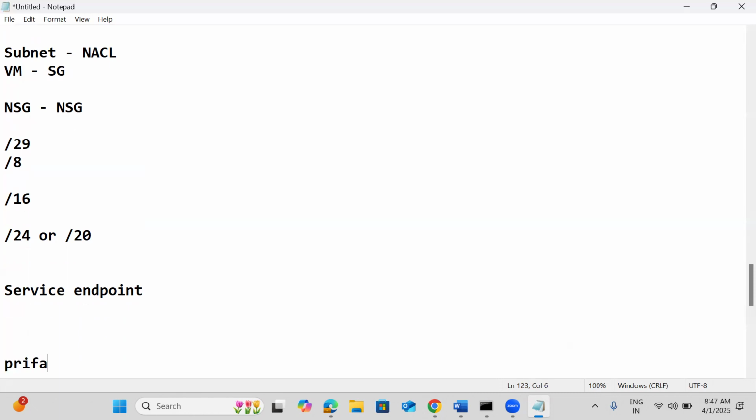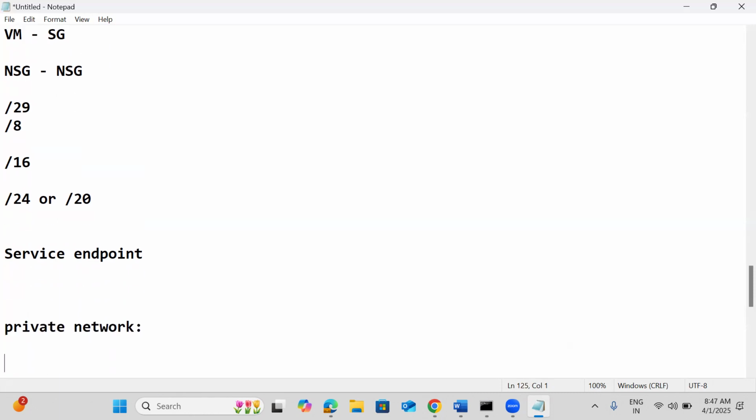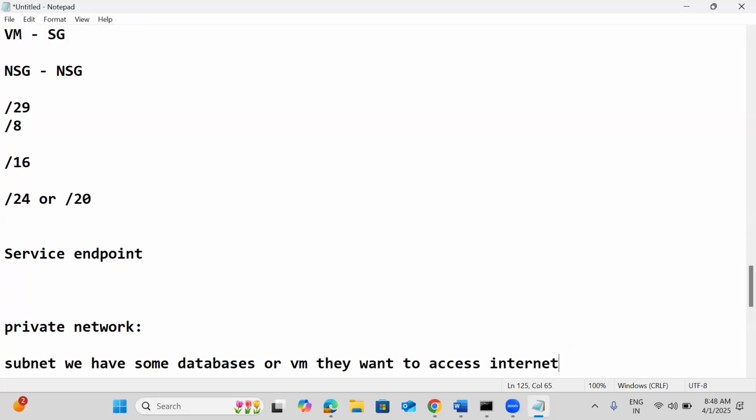I have a private network, and in the private network we have a private subnet. In the private subnet, say we have some databases or some VMs. They want to access the internet.